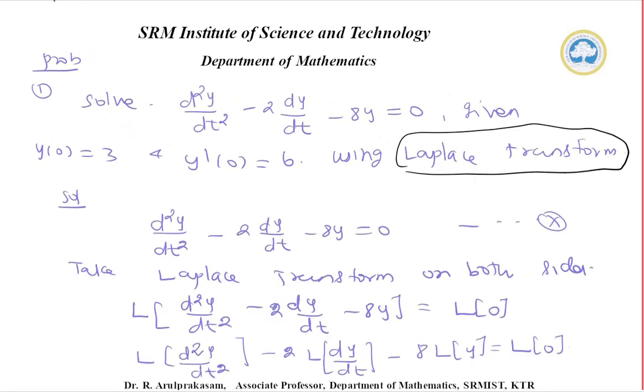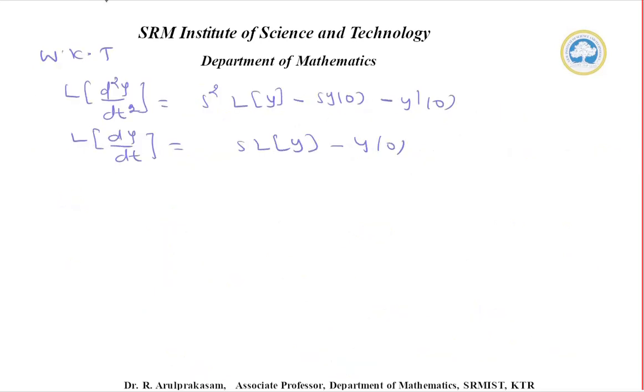My equation has the second derivative and 2 times the first derivative. For the second derivative, the form is s square L of y minus s into y of 0 minus y dash of 0.